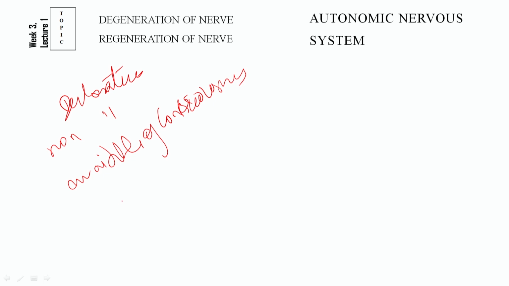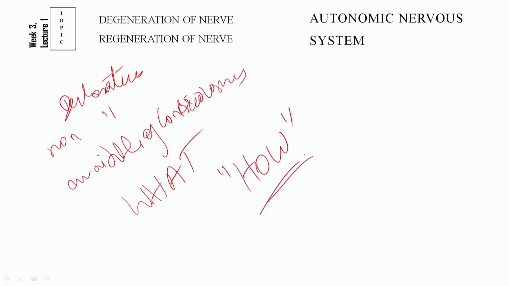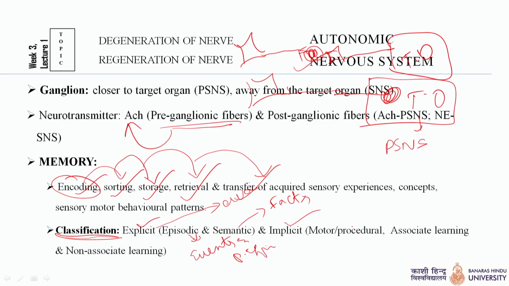In explicit memory the questions are what, where. Whereas in implicit memory, the question is how. Then implicit memory is broadly classified into three types. One is motor or procedural, which is related with physical skills and habits learned through repetitions.